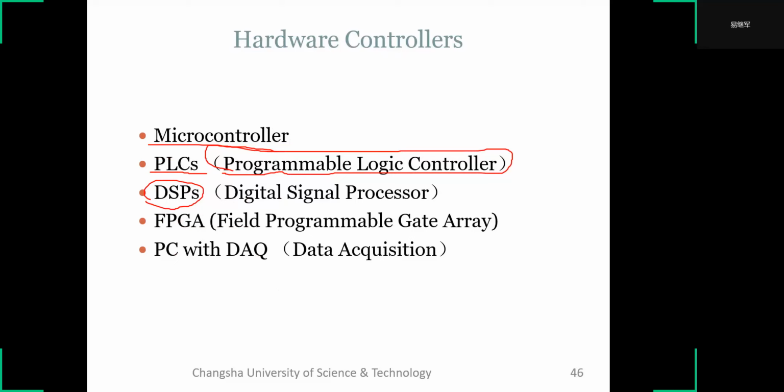These are the hardware controllers we can select for our control systems. We will introduce the PLC in the next class.